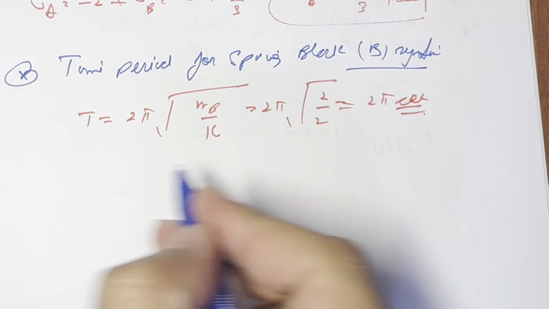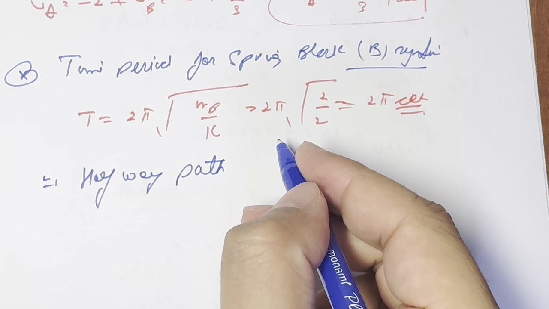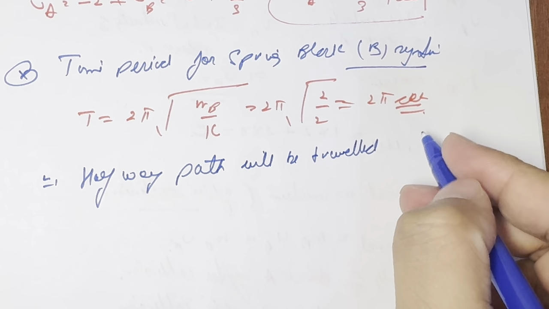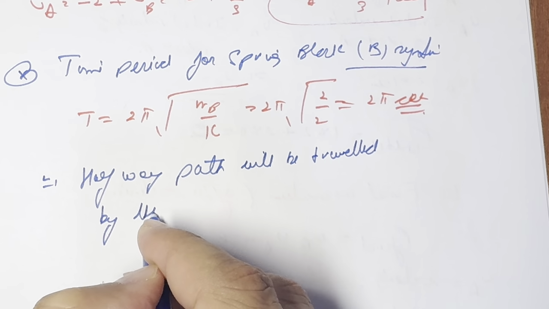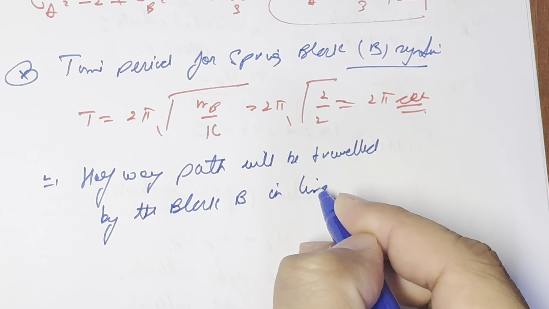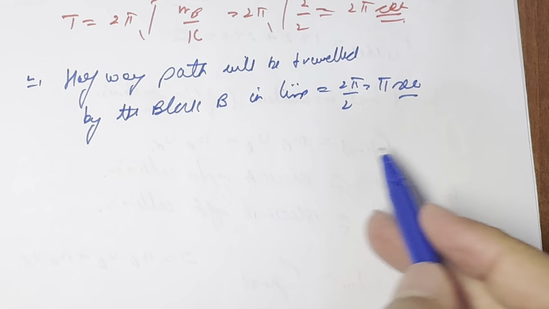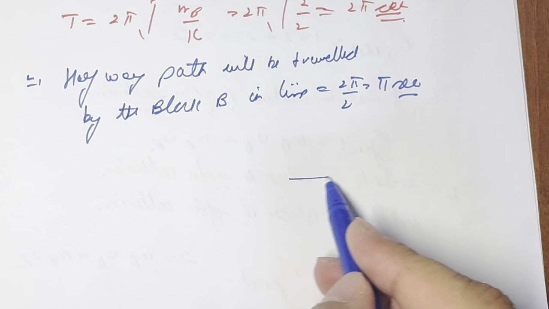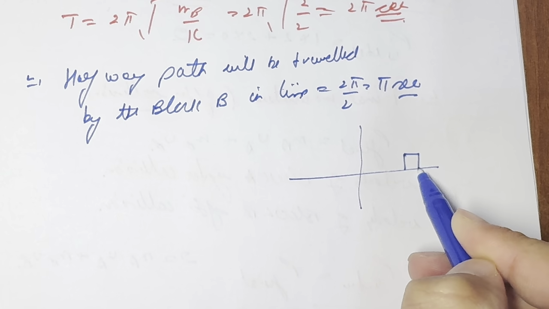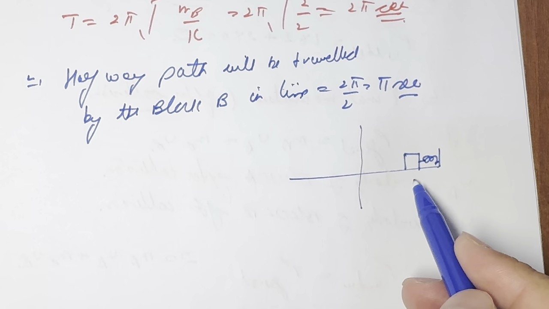So we can say that the halfway path will be traveled by block B in time 2 pi divided by 2, which is equal to pi seconds. We can approximate a rough figure for that also. So this is the mean position, and block B is here when the spring is completely compressed, and this is one extreme position.